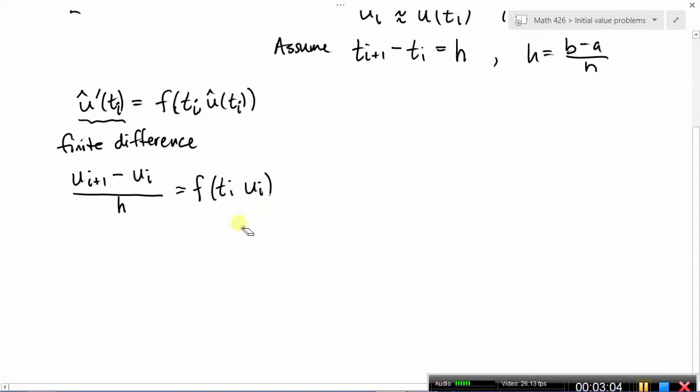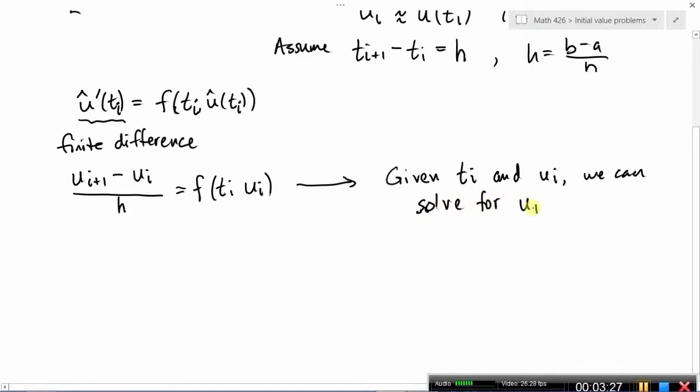All right, now, if you stare at this, what this tells you is that given ti, which we can already compute, and ui, and we're given f as part of the problem, we can rearrange this equation and solve for ui plus 1. And so what we have is a recipe for marching ahead one step in time. And since we're given the initial value of u, that's a whole algorithm.